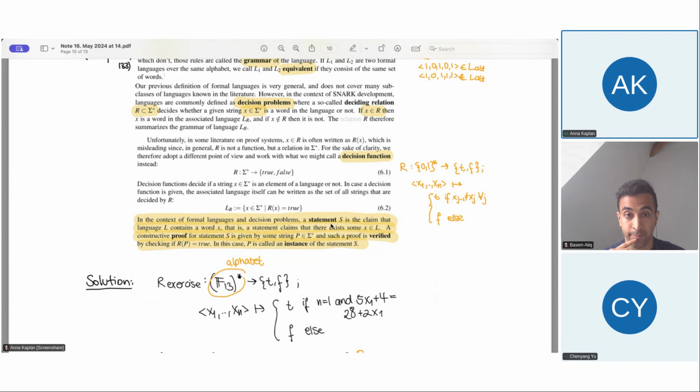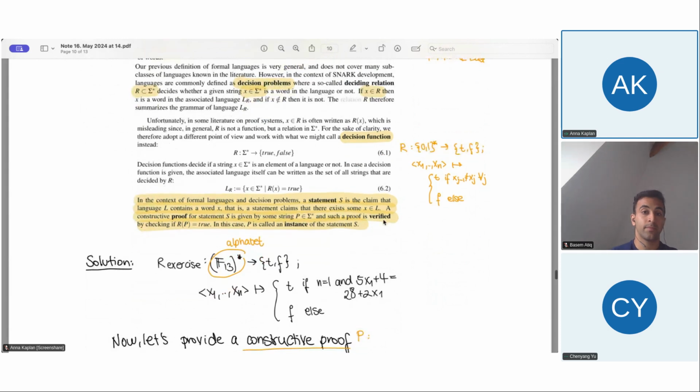The zk-SNARK definition says that the prover claims that the statement is true. So what is the statement? The statement is some kind of claim that some language contains a word, so there exists some x in L. And then we construct a proof for this, and the proof can be verified by checking that the relation is actually true.